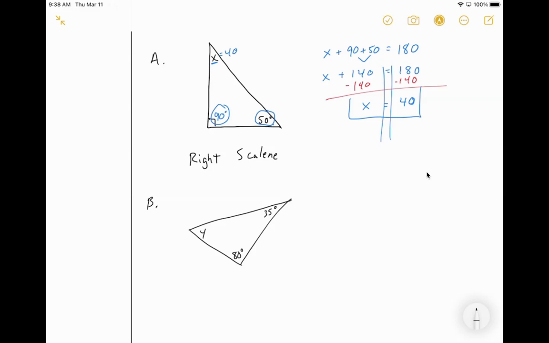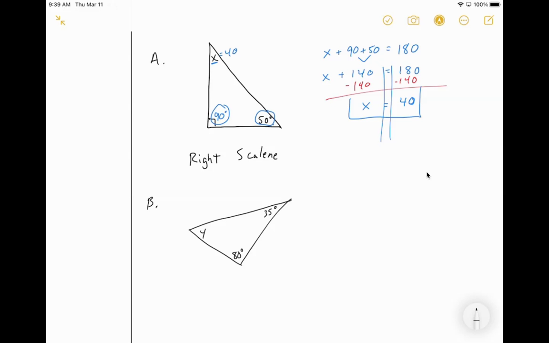All right, anyone else able to find what Y is equal to? All right, so okay, yeah, good job, Jeffrey.